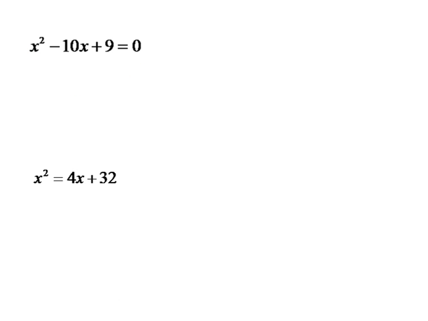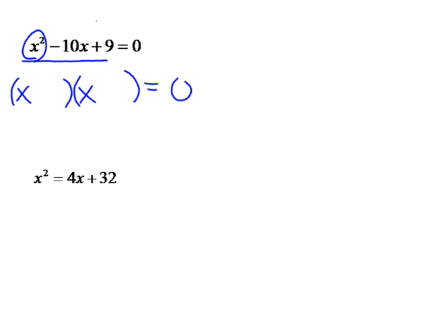Now we're looking at trinomials. So with trinomials, we need to go ahead and factor this one. It's already ready to be factored. It's set equal to 0. What gives us x squared is x times x. We see the signs need to be the same in order to give us +9, and they're both going to need to be negative in order to give us the -10. What factors of 9 will add to give us 10? 1 and 9.